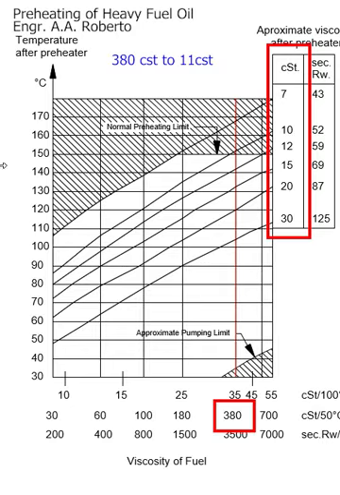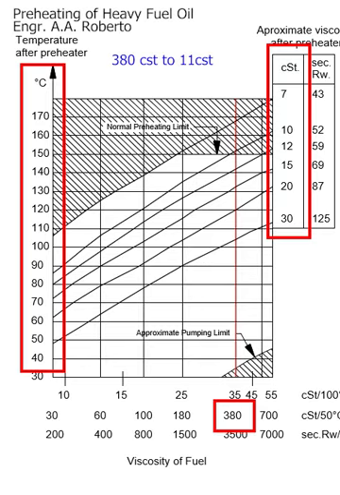And on the left side is the corresponding temperature. So for example, our target viscosity is 11 centistokes. As we can see here, there's no 11, only 10 and 12. But we all know that 11 is in between 10 and 12.